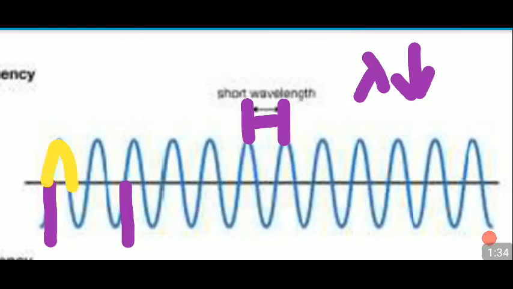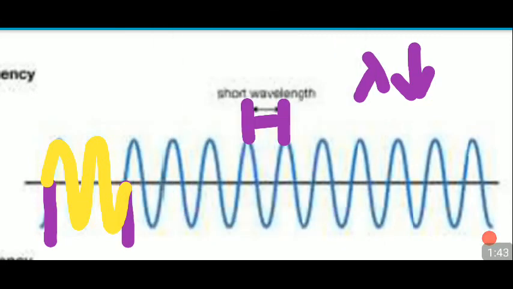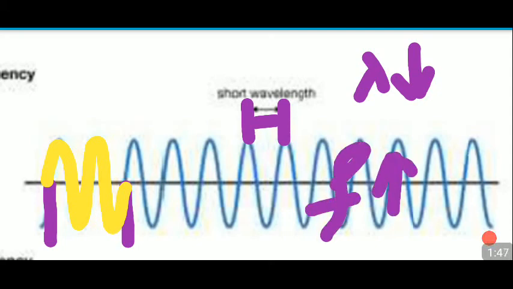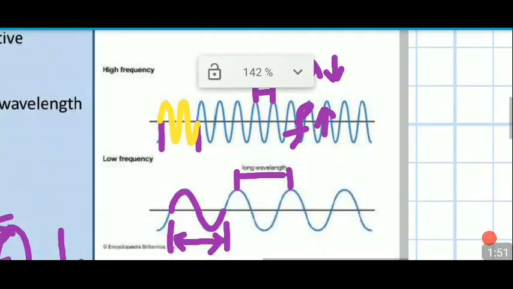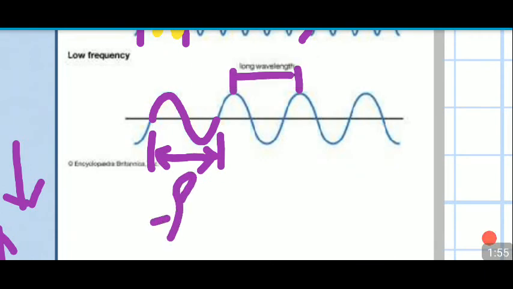So as wavelength decreases, what happens to frequency? Frequency increases. As wavelength decreases, frequency increases. So this is the relationship. As frequency reduces, what happens to wavelength?